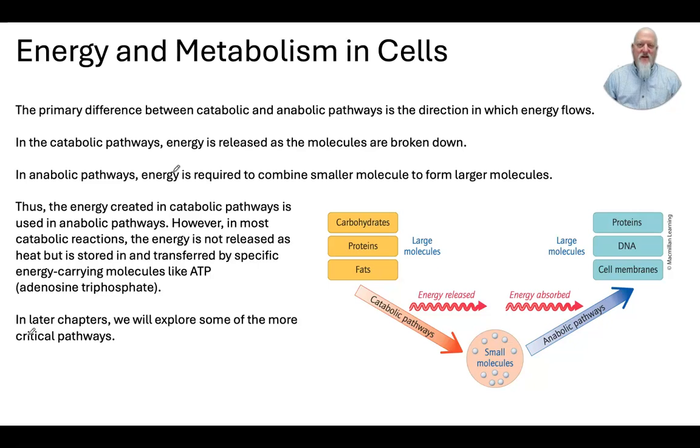They're called ATP, adenosine triphosphates, and they have a unique characteristic that they're able to transfer energy from one pathway to the other, and they just work in a cyclic manner where they'll pick up energy from the catabolic side and deliver that energy to the anabolic side, and then they go back and it just goes back and forth, carrying energy one way or the other. Okay, when we deal with the biochemistry things in later chapters, we will see some of these pathways.